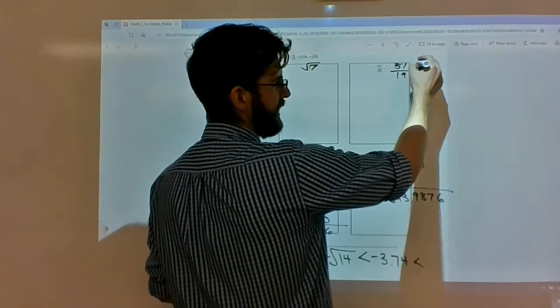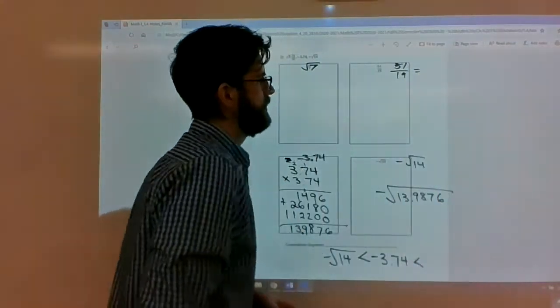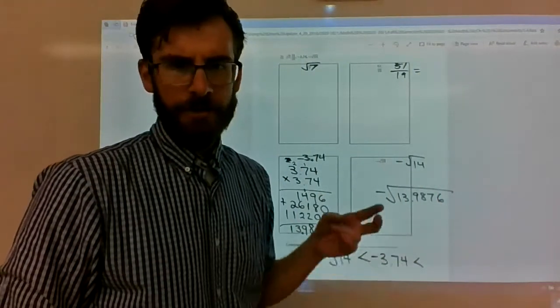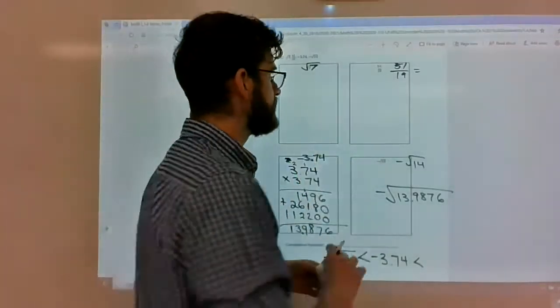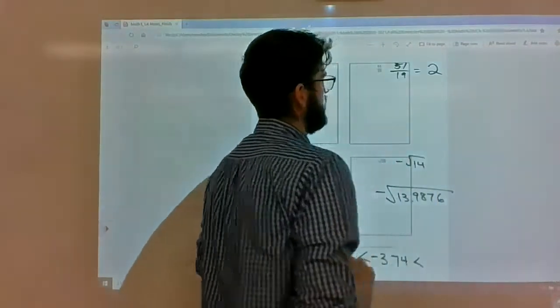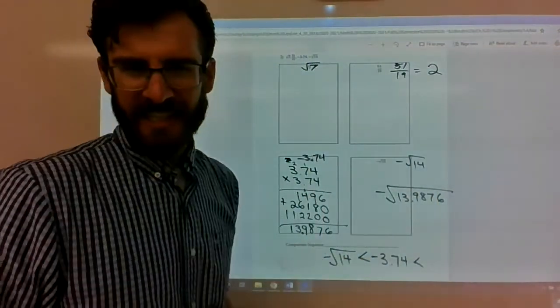Now, 51 over 19 is, let's see, that goes in there 19, 38, 57. So it only goes in there twice. And there seems to be 13 leftovers.